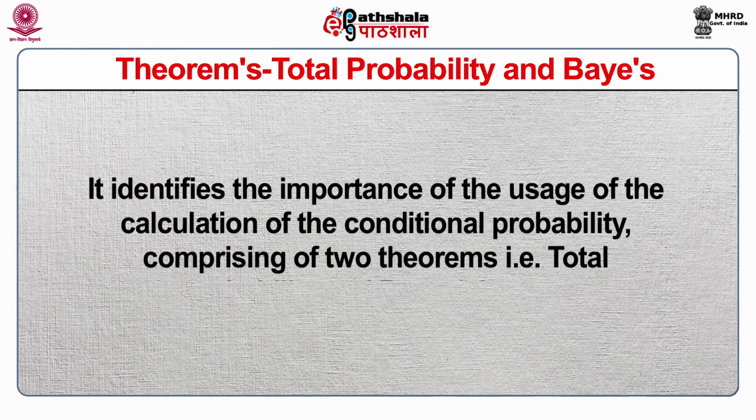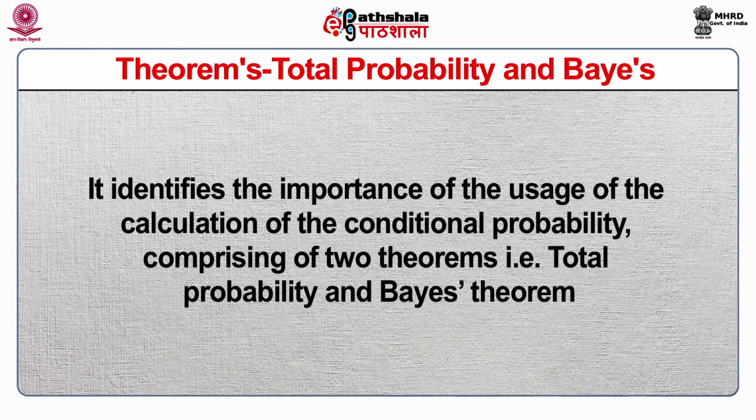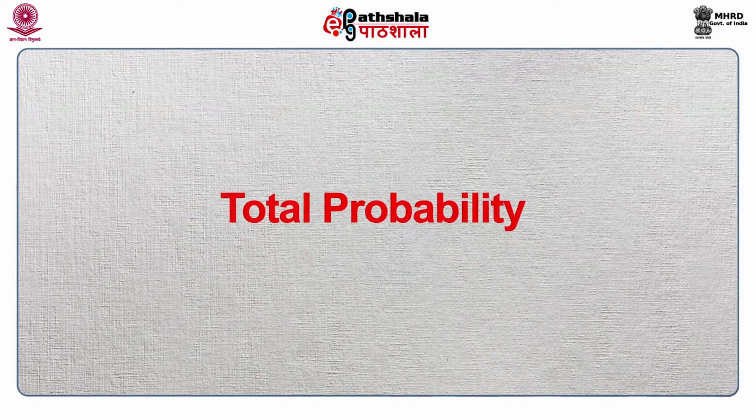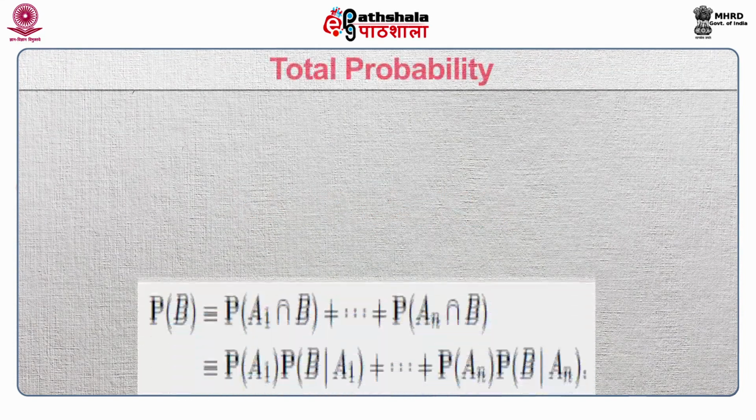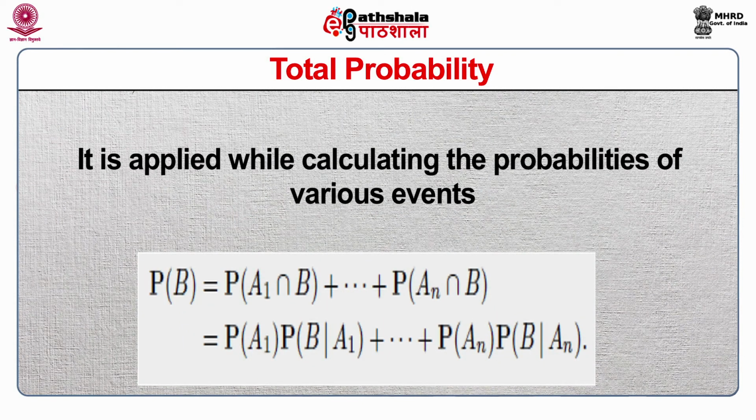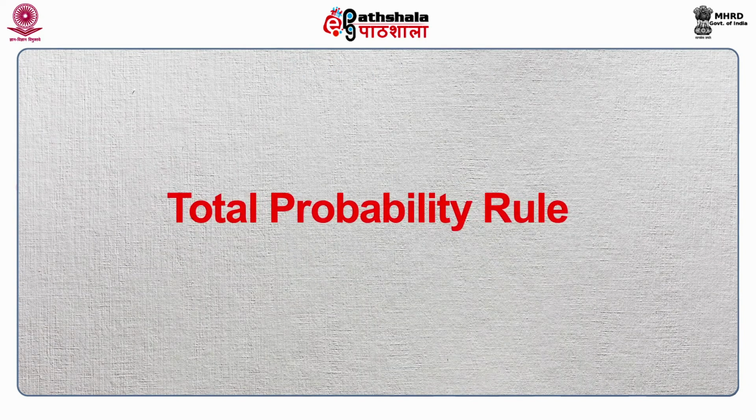The theorem identifies the importance of the usage of the calculation of the conditional probability, comprising two theorems that were already mentioned: total probability and the Bayes theorem. Firstly, the total probability. It is applied while calculating the probabilities of various events as per the formula you can see on your screen. The total probability rule, called the law of total probability, divides the probability calculations into different components.